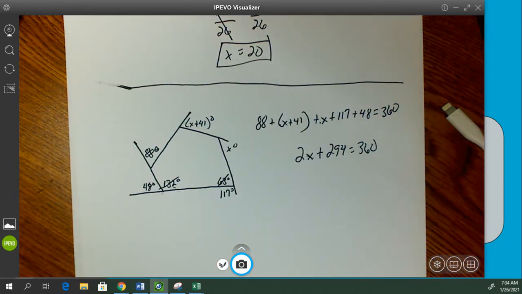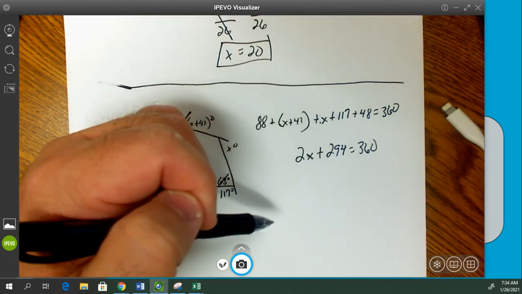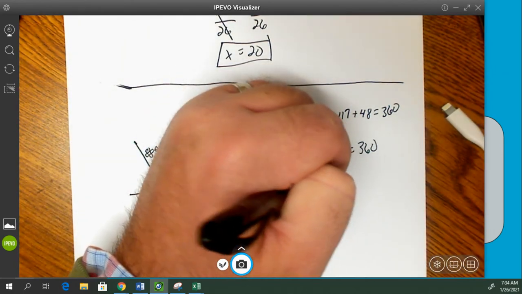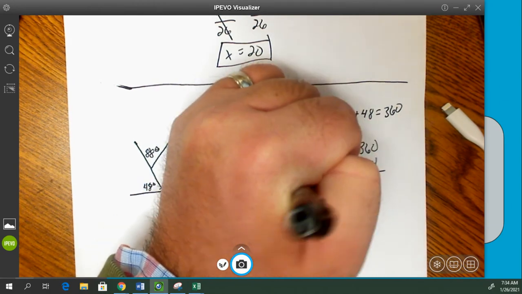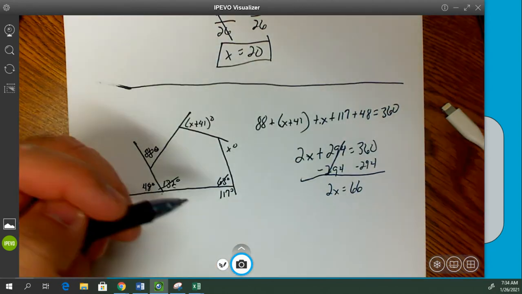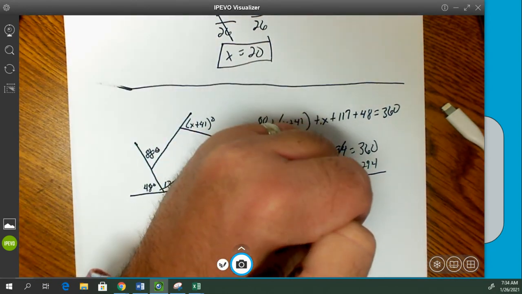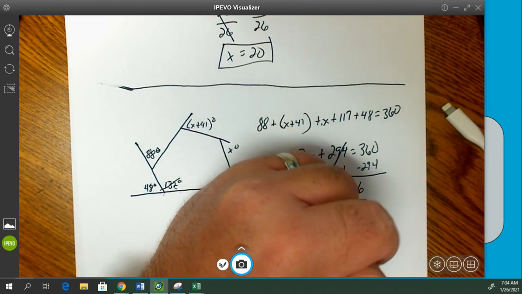So now again, I'm feeling pretty good. This is a two-step equation. It's something I'm familiar with. Subtract 294 from both sides. 2x equals 66. And then divide by 2. x equals 33.